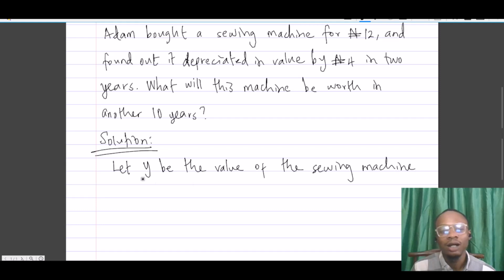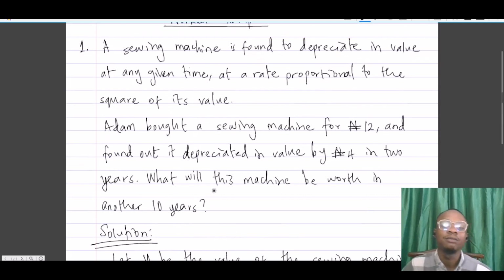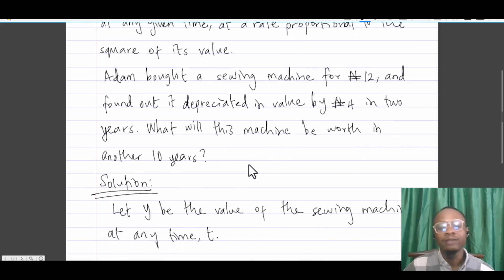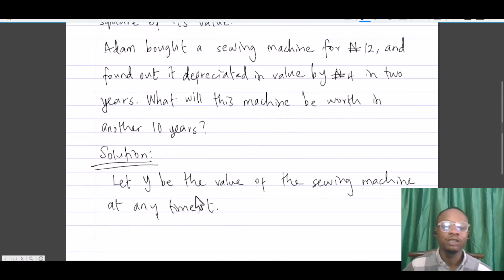At any time t. Depreciation simply means a drop in the value of a property or a material over time. So if y represents the value of the sewing machine, it means that y is some variable that depends on time.